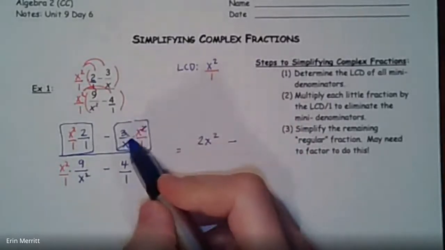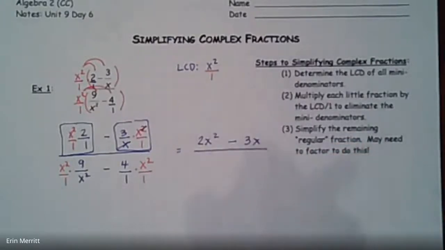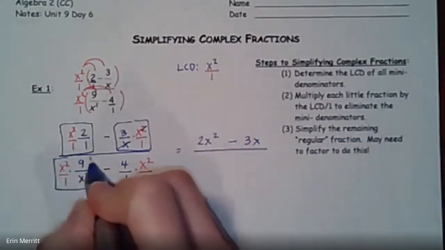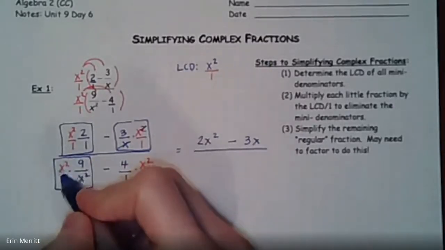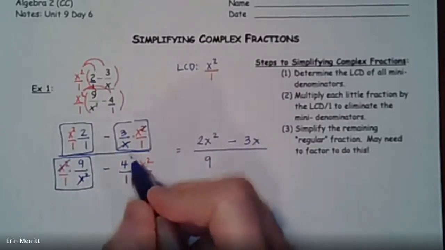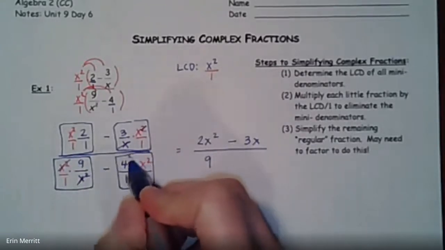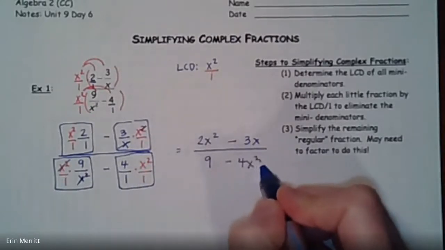So I'm going to be left with 3 times x. All right, now go to the bottom left. Simplify this little fraction. So x squared and x squared, see you later. We're left with just 9. And then the last piece here, nothing to cancel from the denominator, so we keep the minus 4x squared.